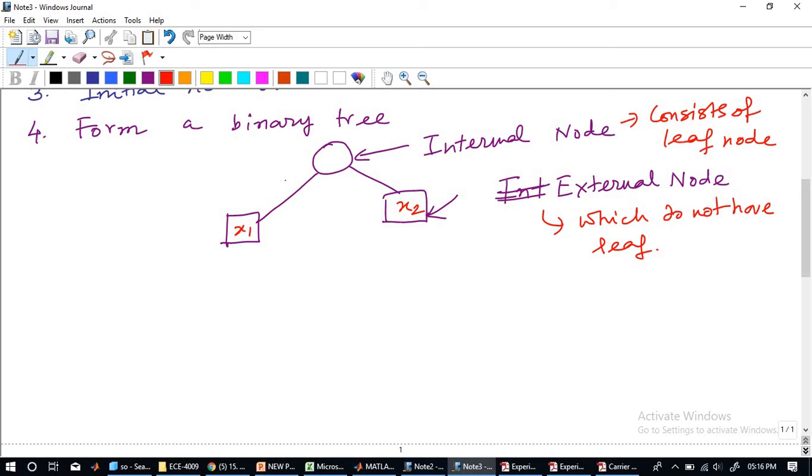Your internal node will have the weight x1 plus x2. That's how we are going to go one by one. In each level, when we are setting the node weight, we have to consider each of the external nodes. We'll just add them and give the sum there. So that is the rule that we are going to follow.